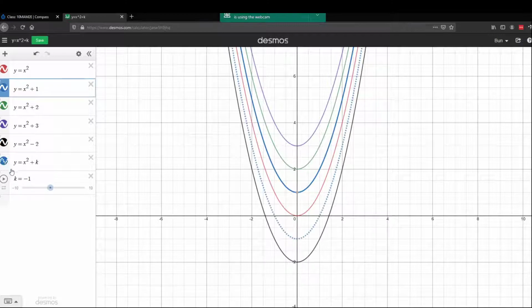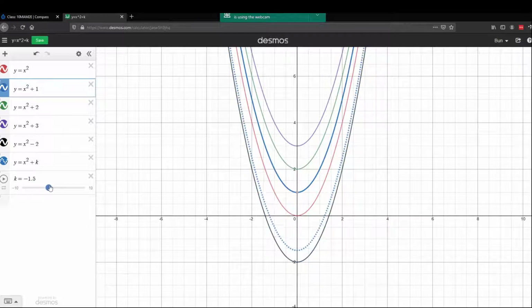So this is y equals x squared plus k. If I change k to 0, you can see that the graph has moved up to the red line. If I bring it down to negative 2, it has moved 2 units down in the y direction.